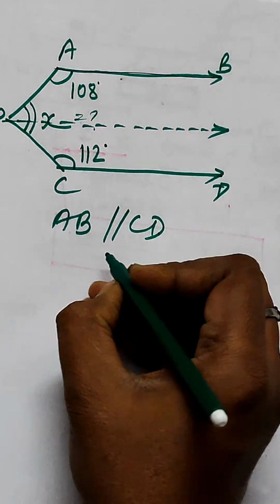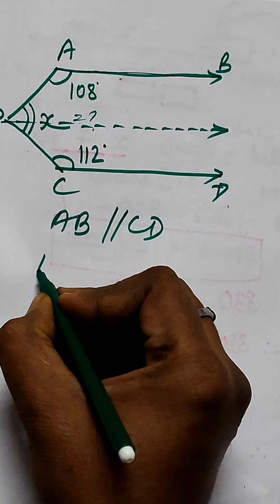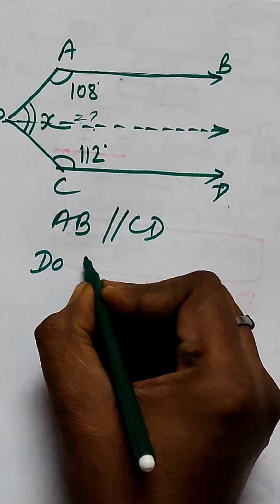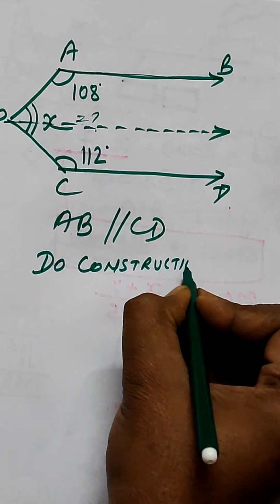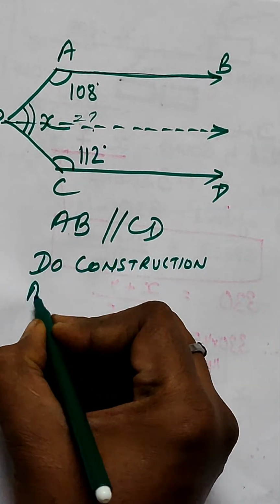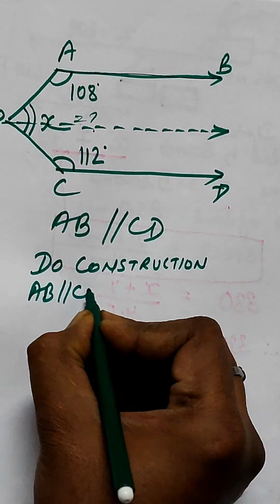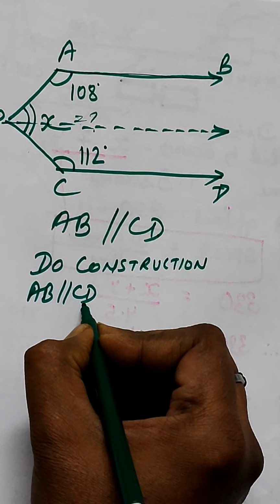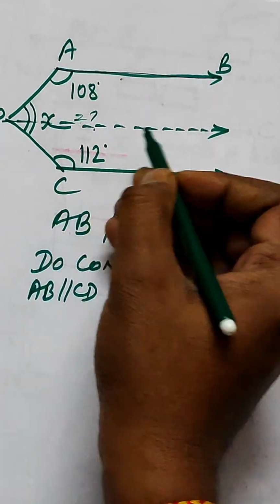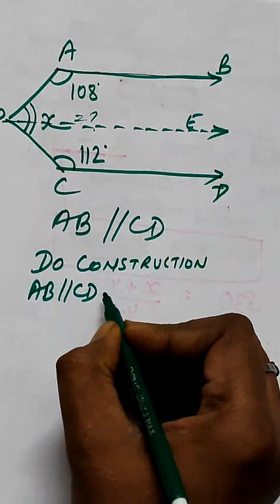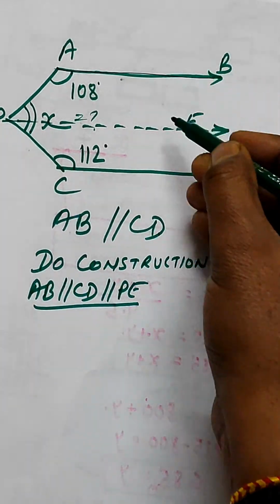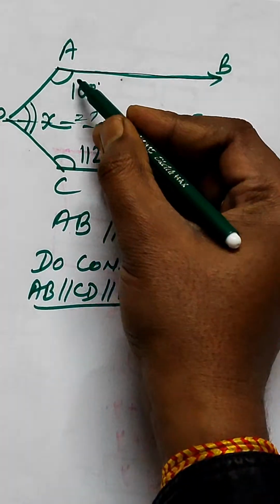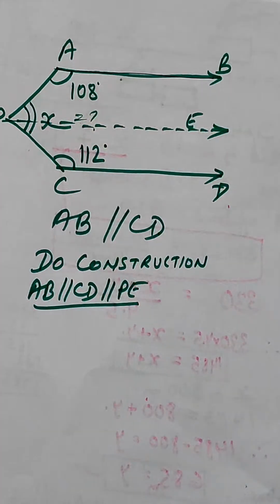So here we do the construction. AB is parallel to CD, this is already there. Now we constructed PE, so all these three lines are parallel to each other. Now this is 108 degrees.